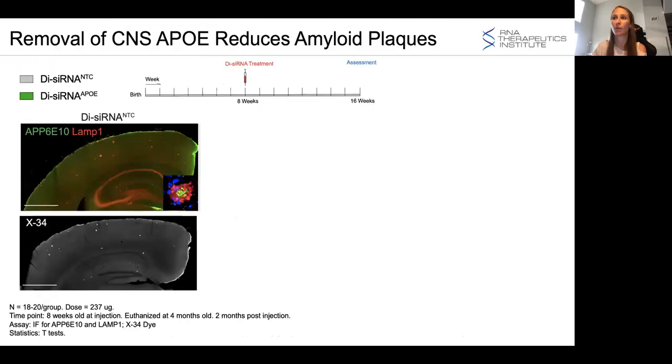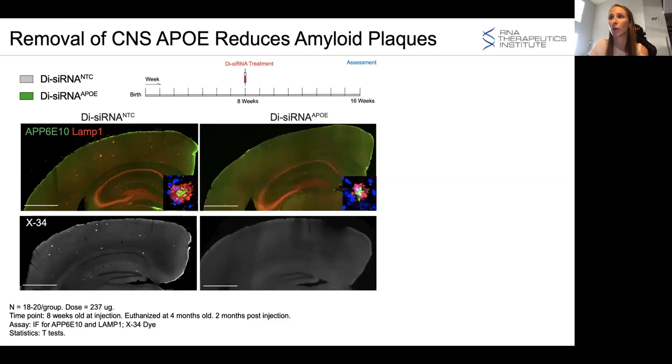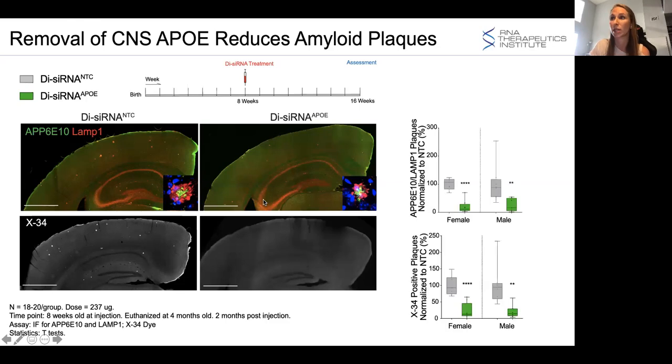Next, we evaluated the impact of silencing APOE on amyloid plaques. Using immunofluorescence and X34 staining as orthogonal assays, we can see amyloid plaques in our control groups. In our treated groups, we were excited to observe a decrease in amyloid pathology, which was significant in both male and female mice, but with a more pronounced difference in female mice.